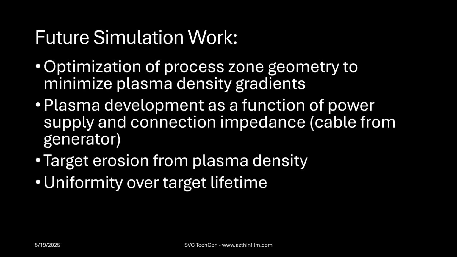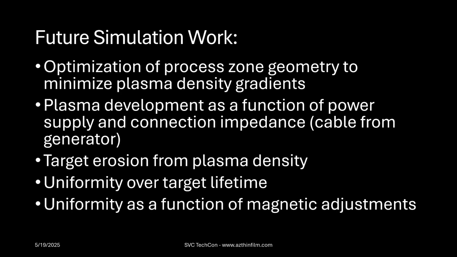So as that target actually wears away, especially if it wears away asymmetrically, how is that going to change the uniformity profile over time compared to, say, targets where we're able to keep the target material wearing away symmetrically?